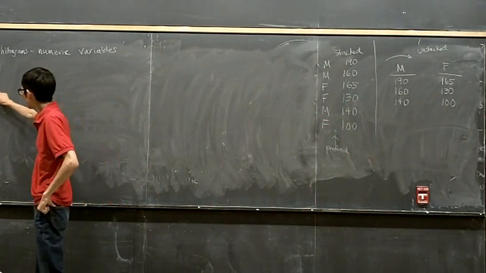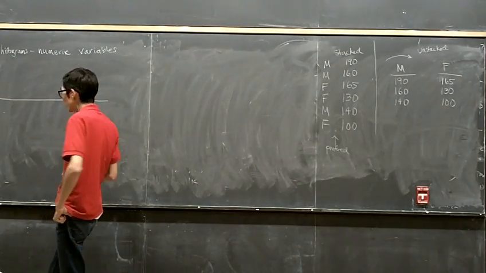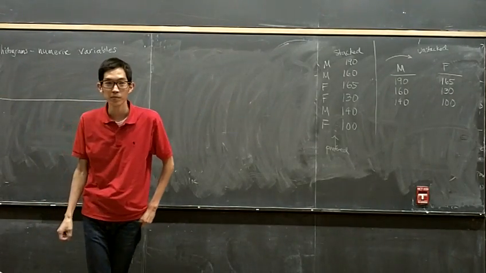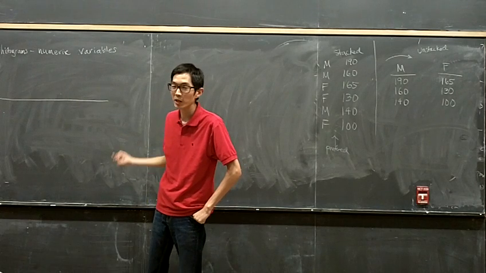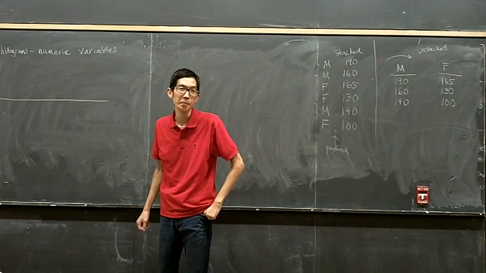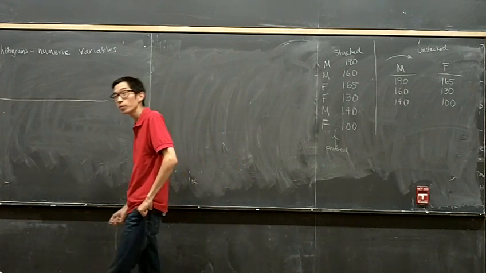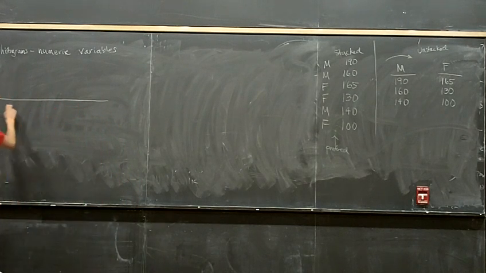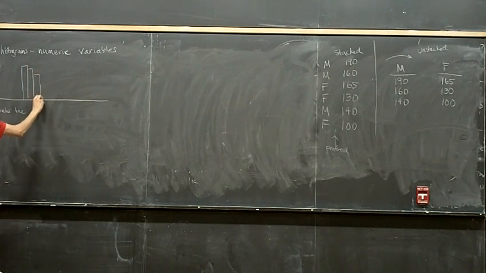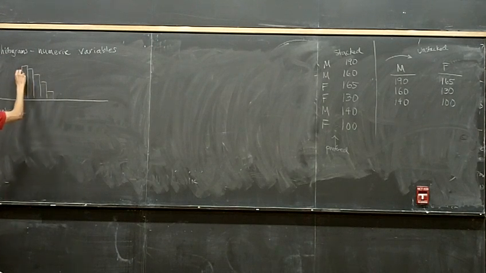What's an important feature in a histogram? Bars. And across the bottom, what do we have? A number line. And then we have bars. And what do the bars represent? Frequency. It shows how often that particular numeric value shows up in the data set.